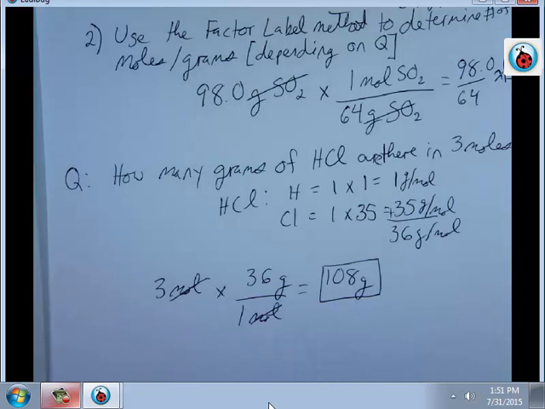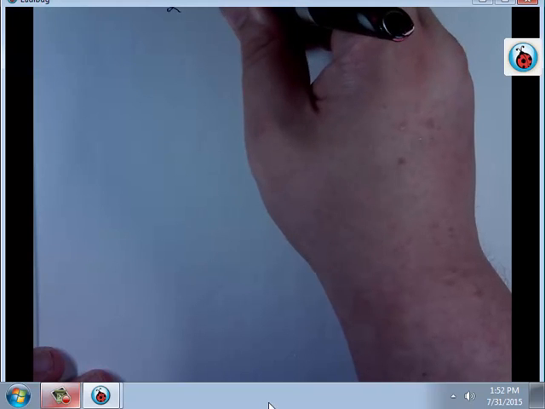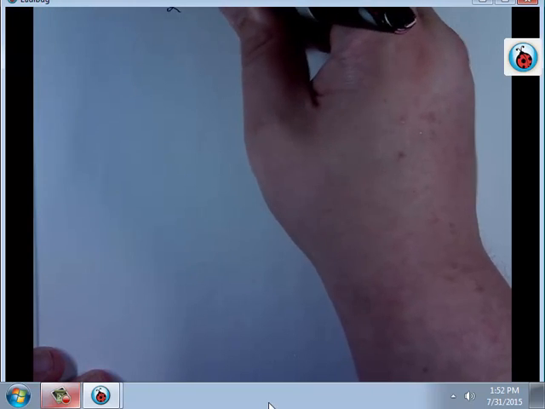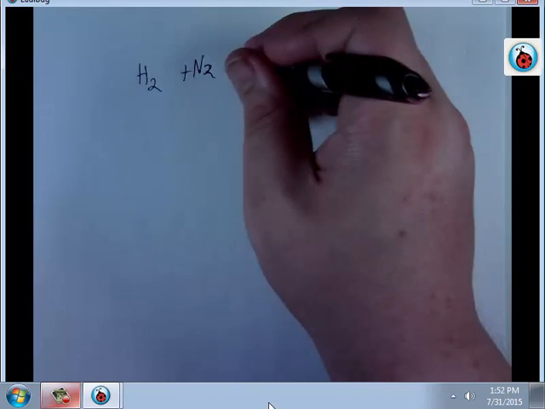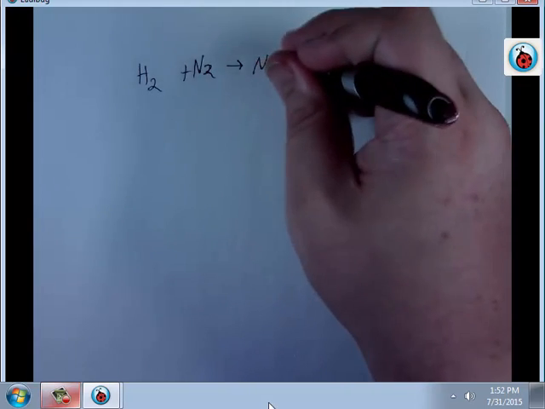So that's pretty much all there is to basic stoichiometry like that. It gets a little bit more challenging when you get a reaction. So let's say here's your reaction. H2 plus N2, sorry about that, goes to NH3.